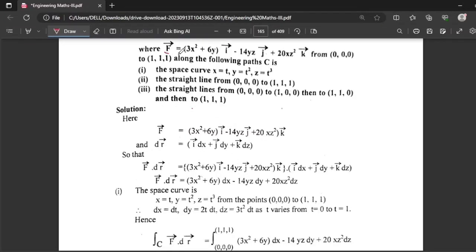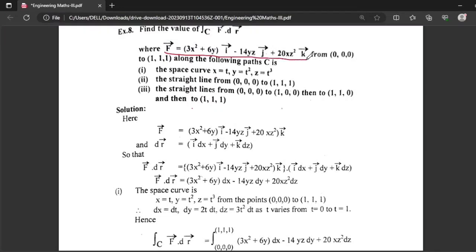Now the given F vector is (3x² + 6y) i vector minus 14yz j vector and 20xz² k vector, and as usual dr is i dx plus j dy plus k dz.